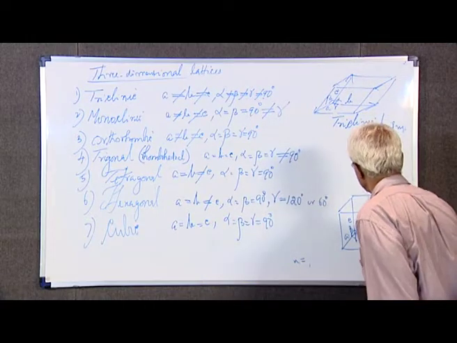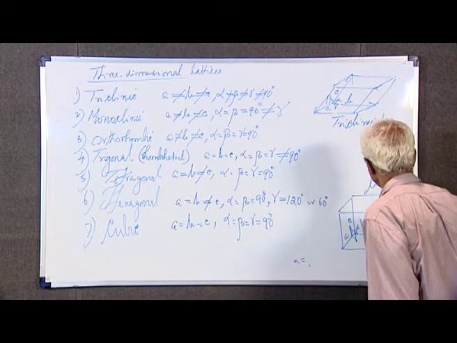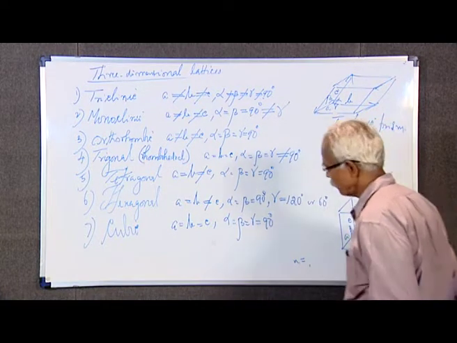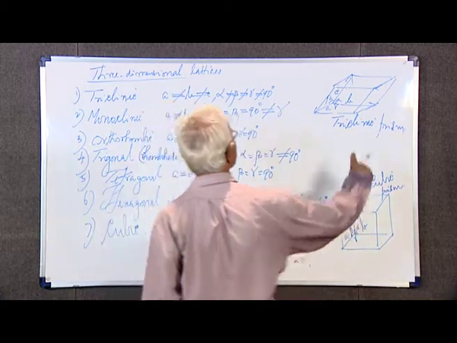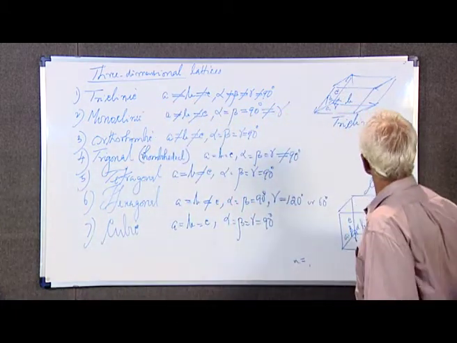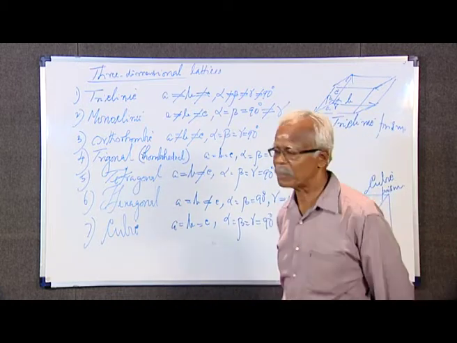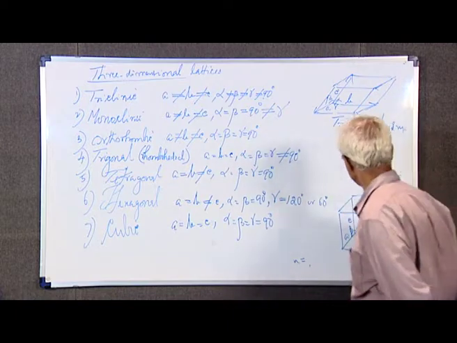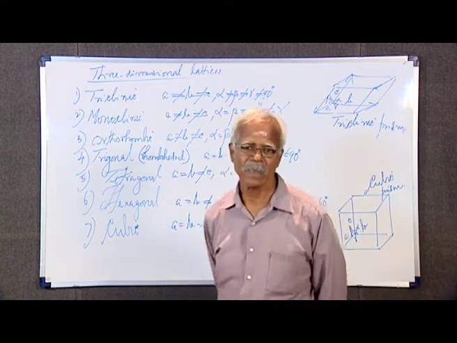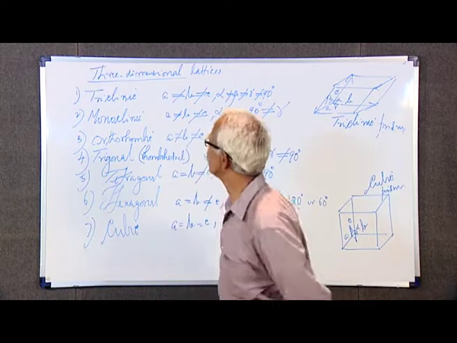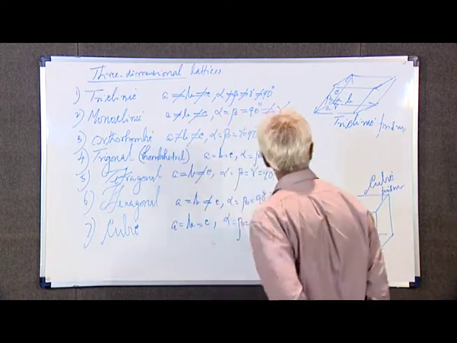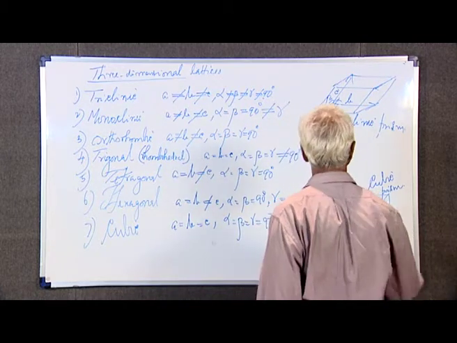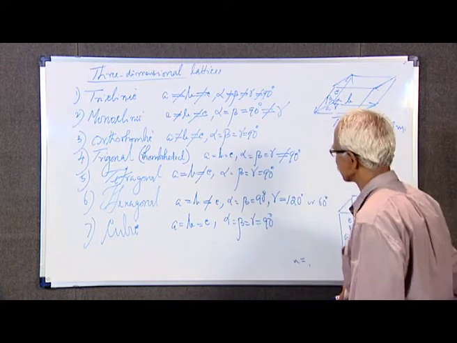This is called the cubic prism. It's quite clear that the triclinic prism is the least symmetric among this spectrum of geometrical figures, and the cubic prism is the most symmetric, and the others will be occupying intermediate situations between these two extremes.